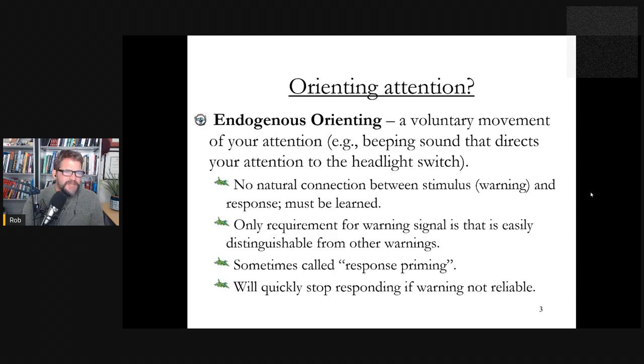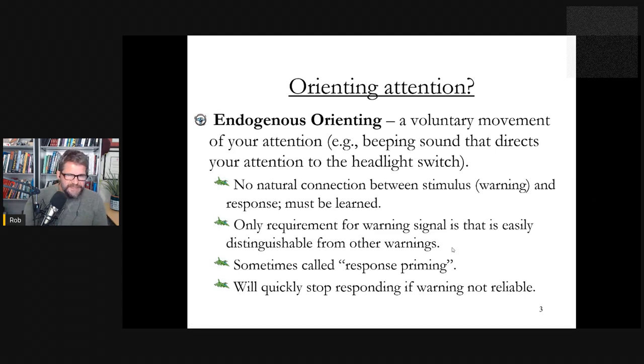If I play a beeping sound while you're driving, beeping doesn't mean anything to you. You have to learn that beeping means collision. So you hear the beeping, you remember in your memory that it means collision, and you purposely shift your attention to the road. That's called endogenous orienting, coming from within.